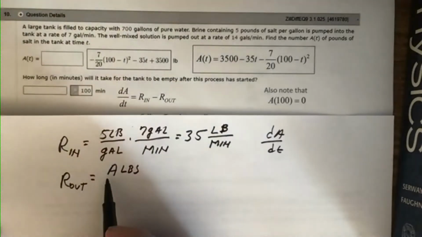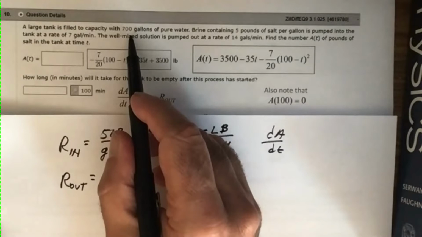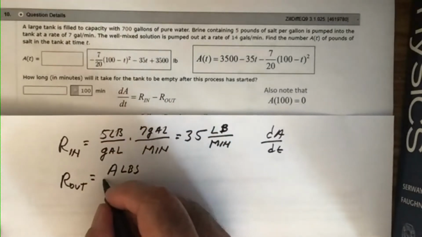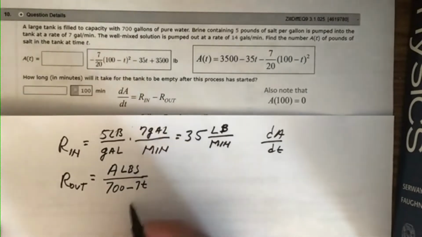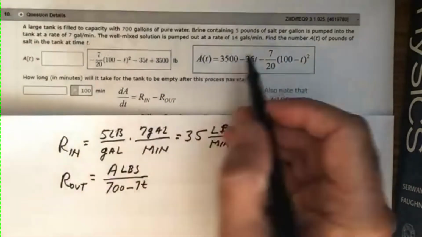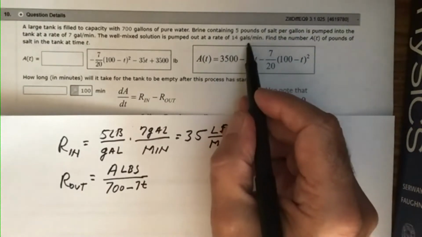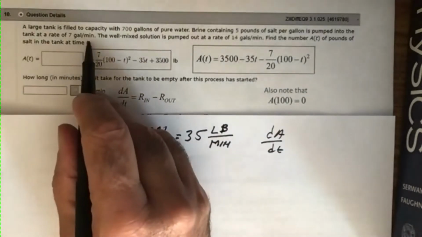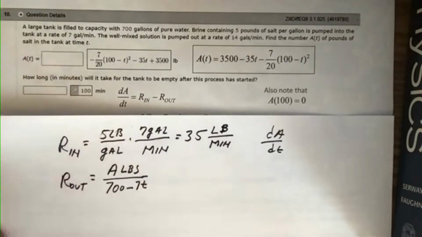But the amount of gallons in the tank is actually going to be 700 minus 7 times T. Why is it 7 times T? Well, if I have 14 gallons per minute coming out and 7 gallons per minute going in, then the difference is 7. So every minute I'll be losing 7 gallons.